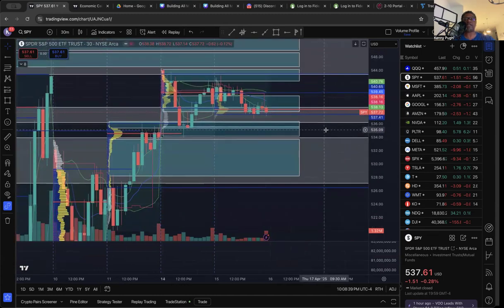I trade nothing but rectangles, and my rectangles are based off of zones that are created by way of volume and price. And so you will hear me say this ongoing. I trade price and volume because that's what truly moves the market. Volume is represented by the activity between buyers and sellers.